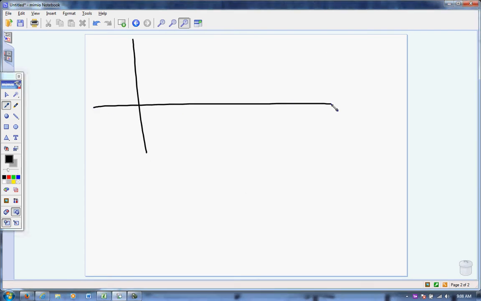Let's say that my function was this. And let's say that here's my function f of x. And this is where this theorem really comes in handy. Let's say that I know that this x coordinate is 2 and this y coordinate right here is negative 5.